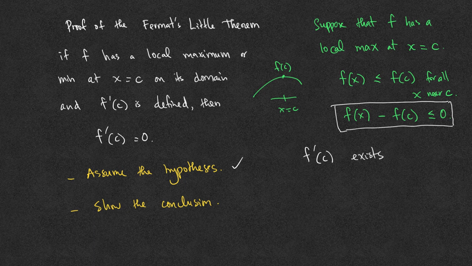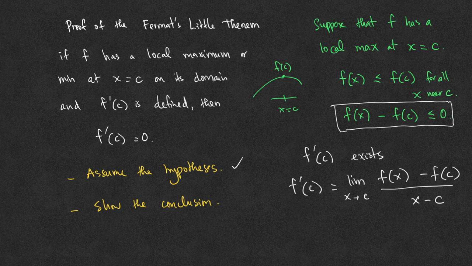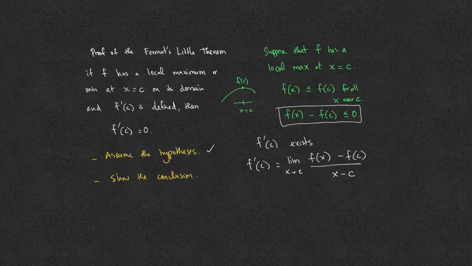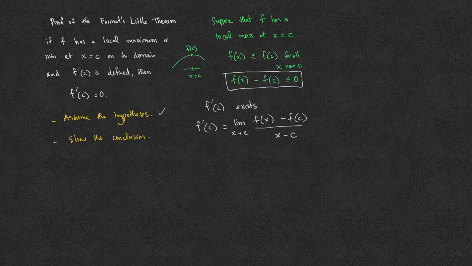But also, by the definition, f prime of c is the limit as x goes to c of f of x minus f of c over x minus c. Since f prime exists, this limit exists.